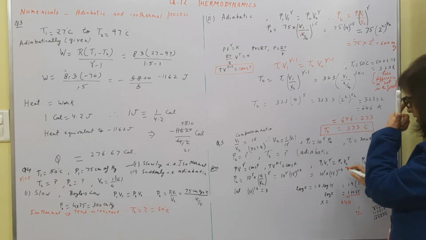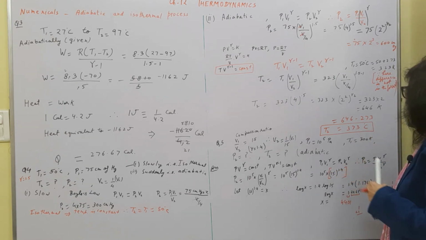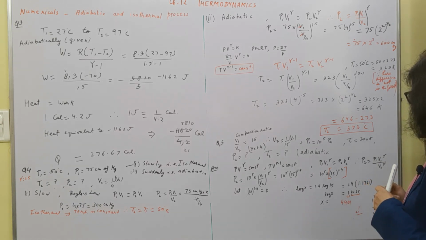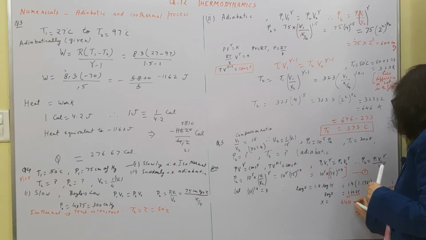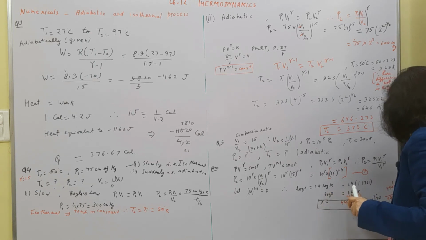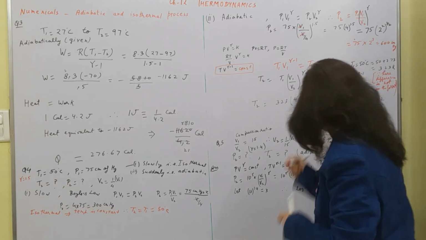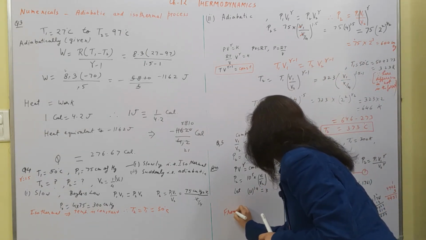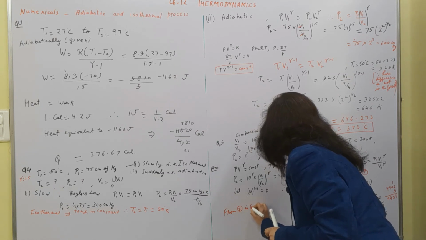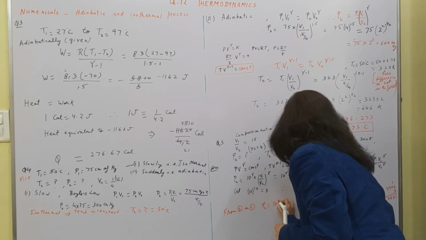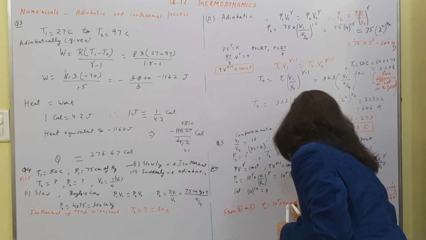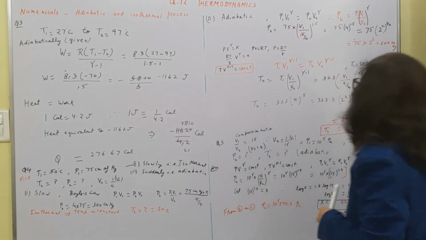So that means this value comes out to be 44.3. Right? So let's mark this as 1 and this as 2. From 2 in 1, we get final pressure is equal to 10 to the power 5 multiplied by 44.3 pascals.